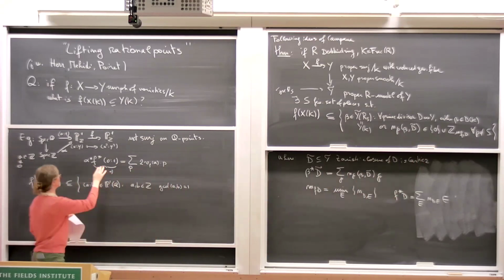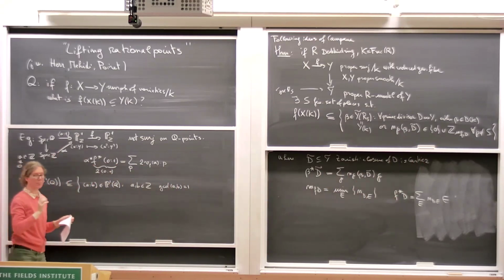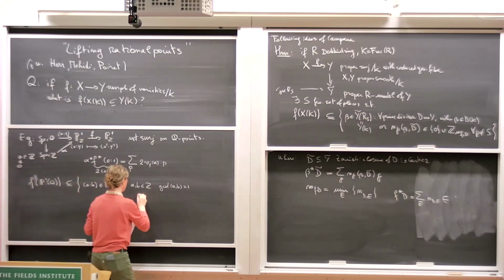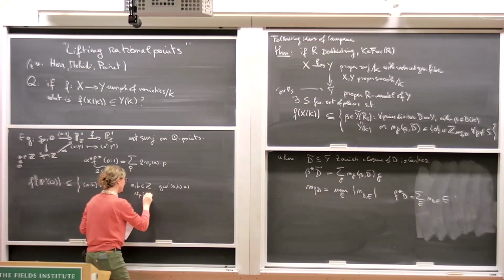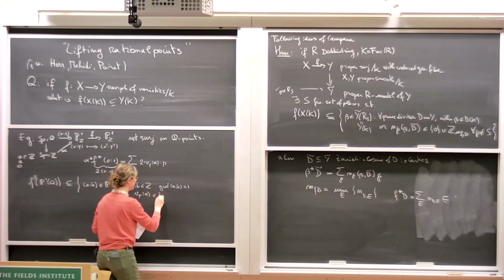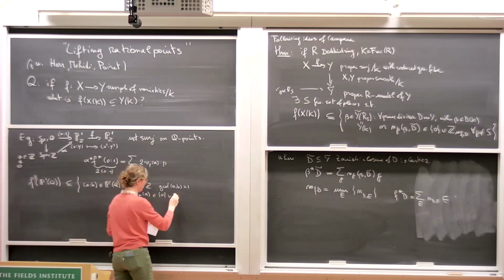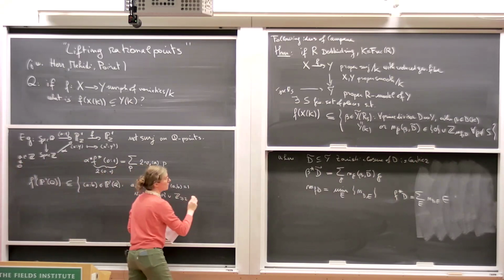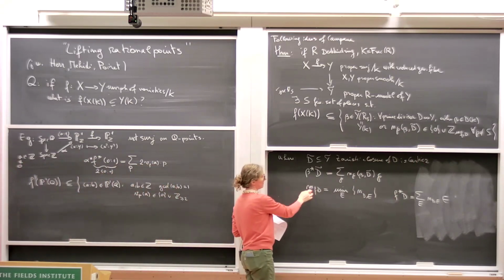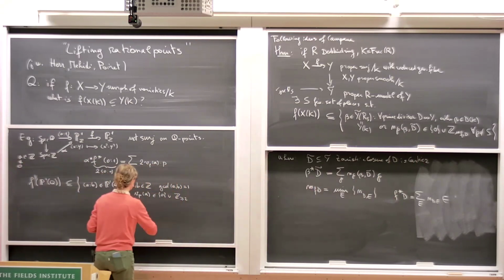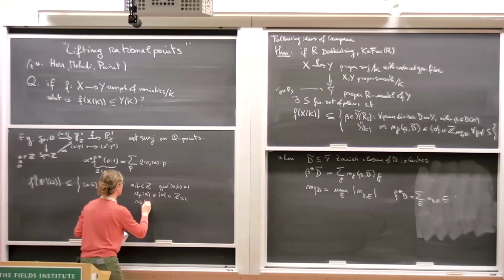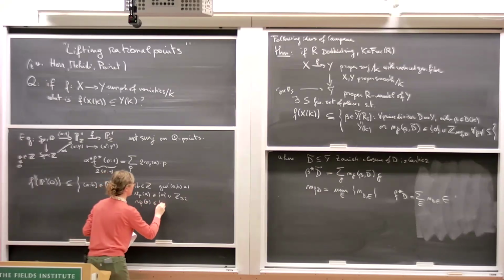These are the points (0, 1) and (1, 0) for this map. And the first one gives that the p-adic valuation of a, with this choice of coordinates, must be either 0 or at least 2, because over those two points this number is equal to 2. And then the same for the other point gives the same condition for b.